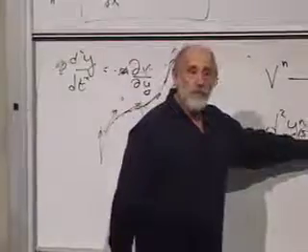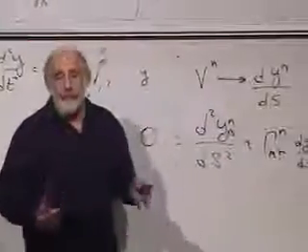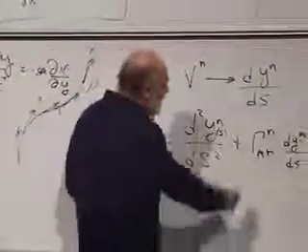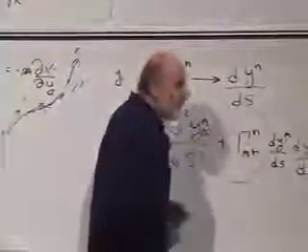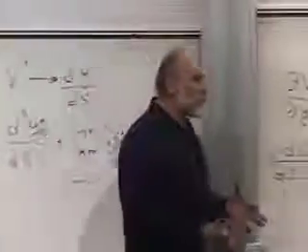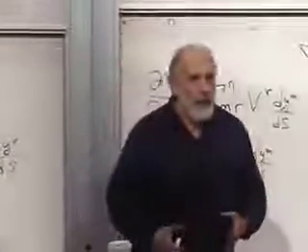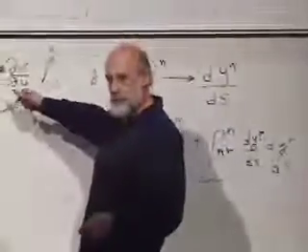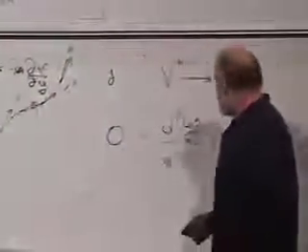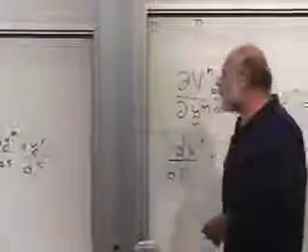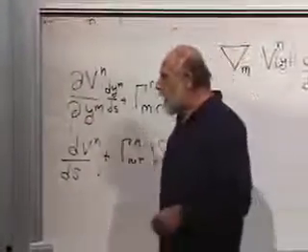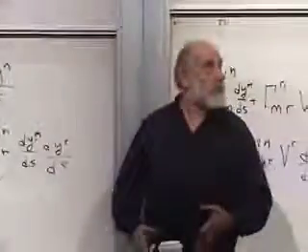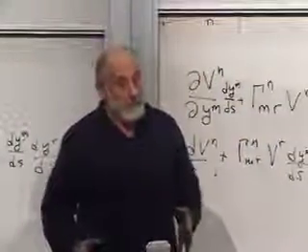What are the Christoffel symbols? They're composed out of derivatives of the metric with respect to position. So somehow we're going to find that the derivatives of the metric with respect to position are the analogs of the Newtonian gravitational force. That's where we're going. So I thought I would tell you, rather than just blindly write formulas on the blackboard, particles move on geodesics, which means the straightest possible paths in space-time.